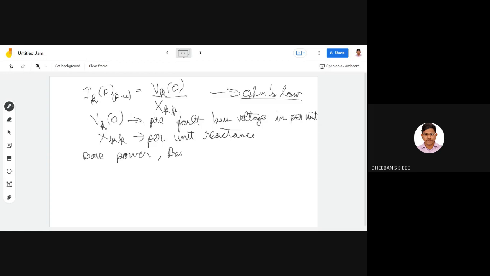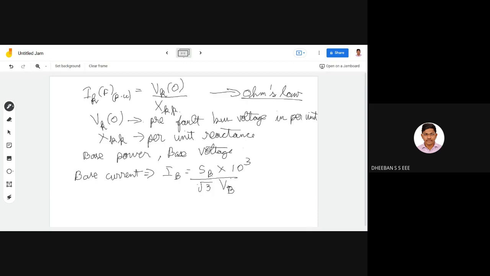Using these two parameters, the base current I_B is equal to S_B into 10 power 3 divided by root 3 V_B, since we are speaking about a three phase system.